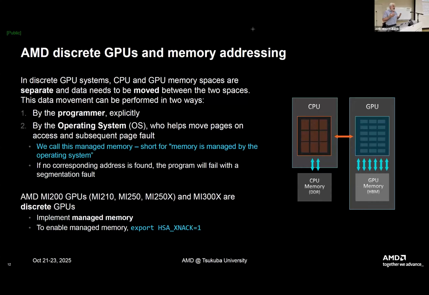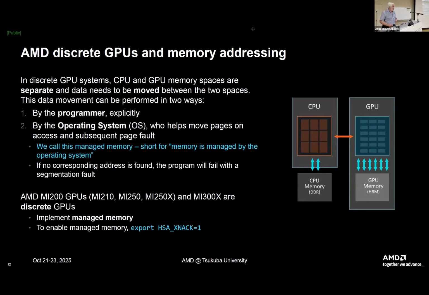And so the Linux operating system has built in this managed memory ability. So this is available across multiple vendors. And if you hit a page fault, you can intercept it and move the memory from the GPU to the CPU or the CPU to the GPU, which makes it look like an APU, a single memory space, even though it's two.